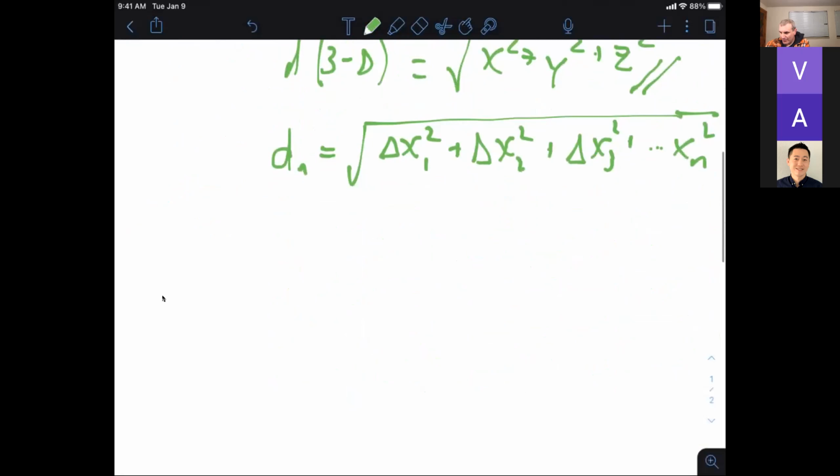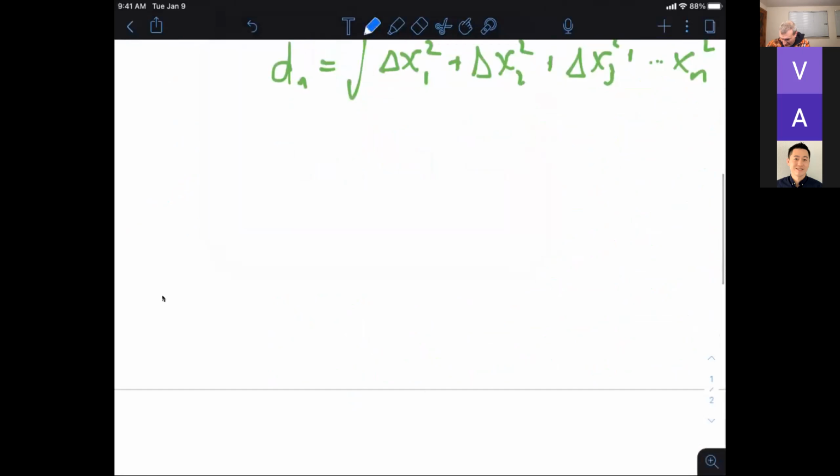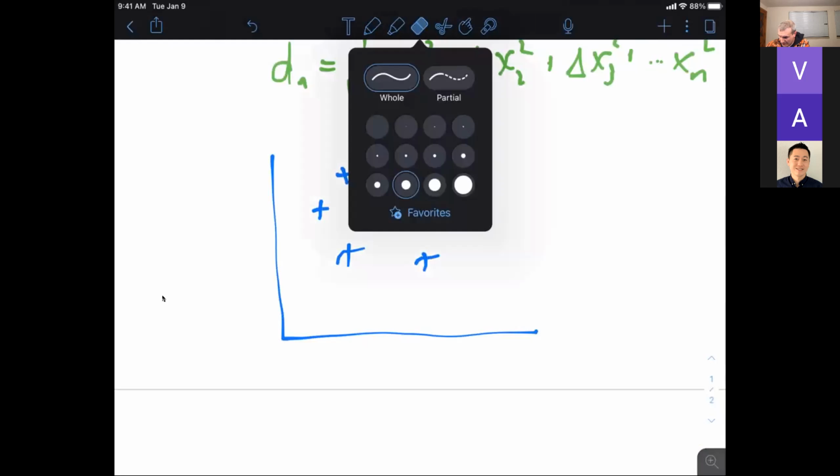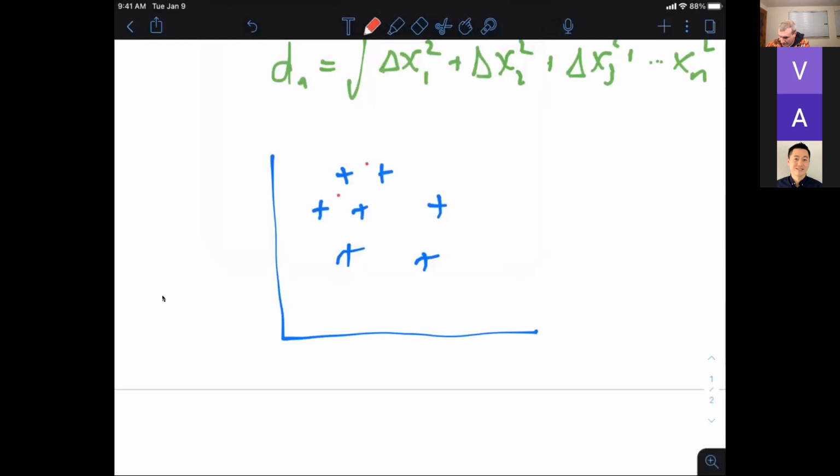Okay. So basically the principle of k nearest neighbors is, I'm just going to do it in 2D because the principle holds. You basically plot all your points, something like that, right?